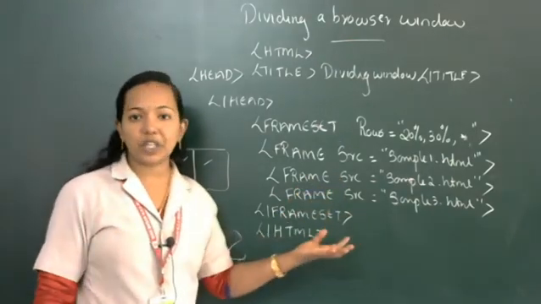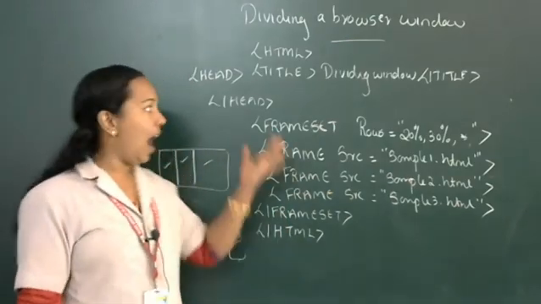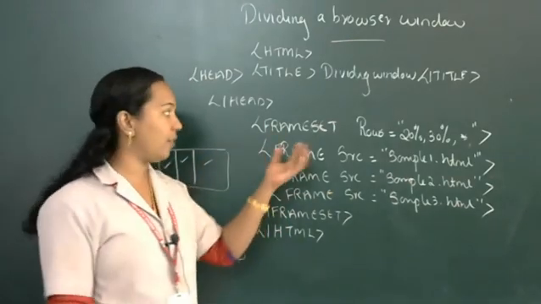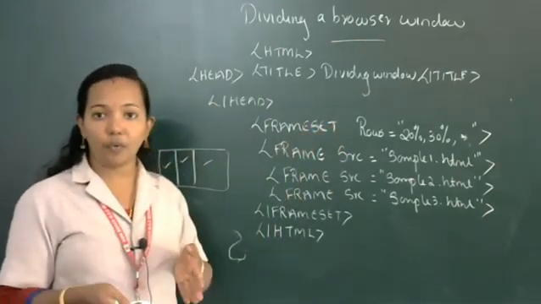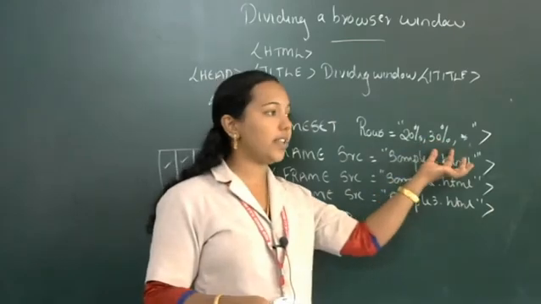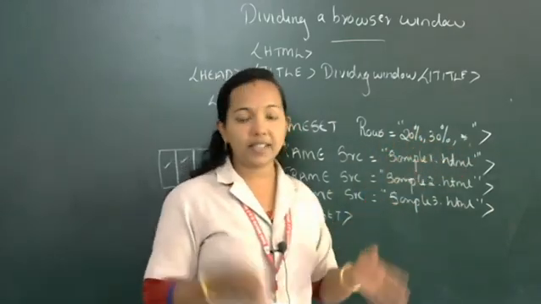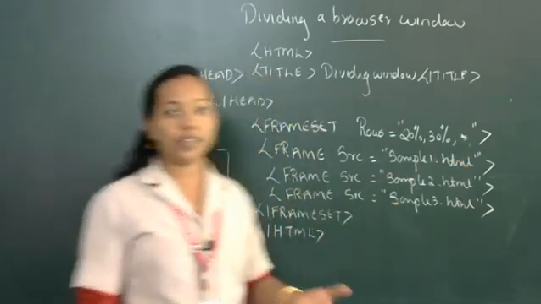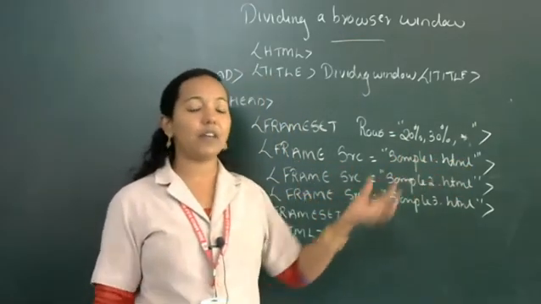Then what is the speciality of this program? Is there any body tag present? No. After the closing head tag, we are opening frameset. That frameset we are dividing in a row wise manner. 20%, 30%: the first web page gets 20, the second web page 30, and the remaining section goes to the third web page. Then frame src is equal to sample1.html.